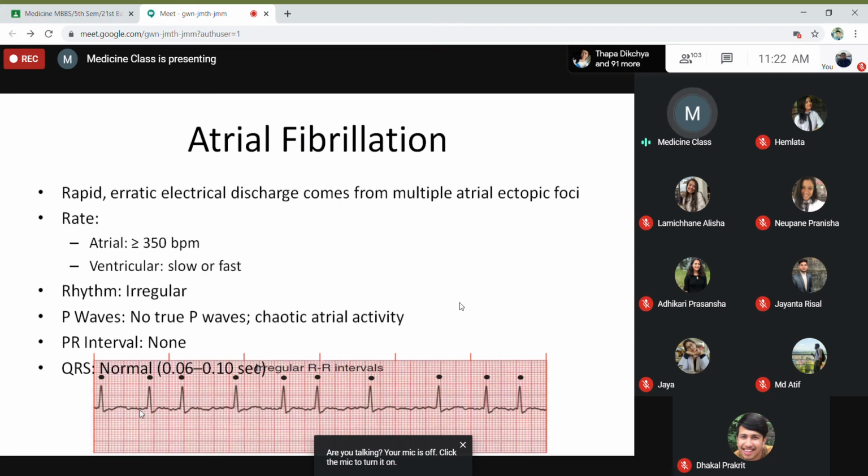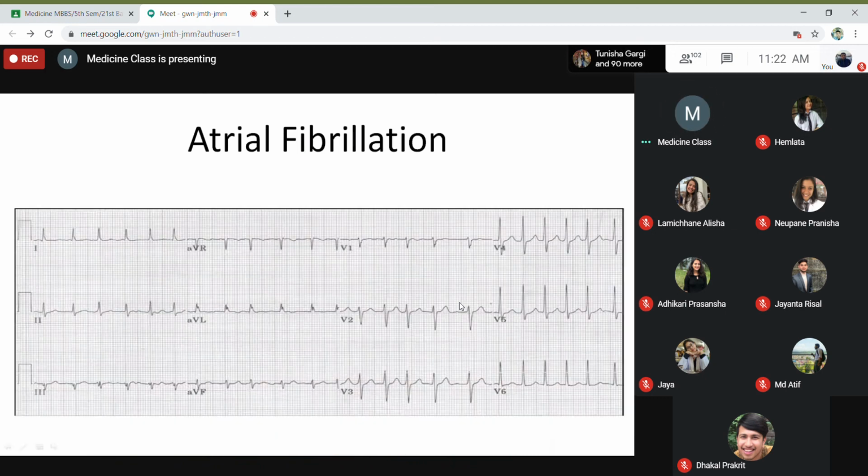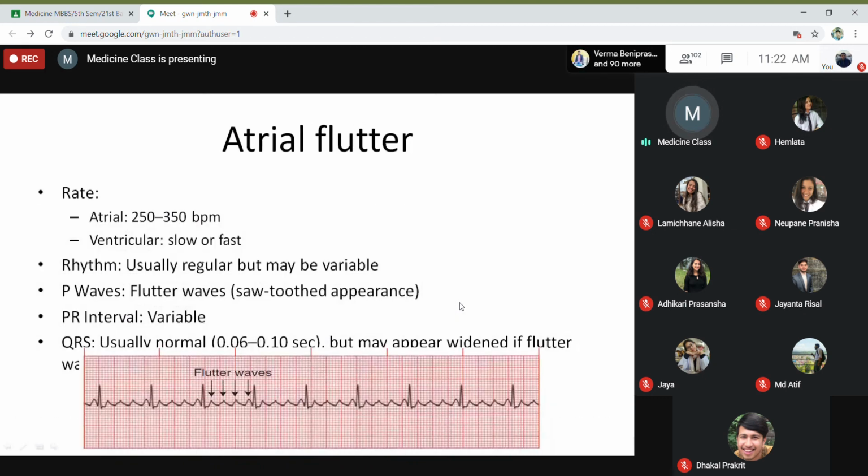So this is what it looks like. This is the fibrillatory wave that we call. This is irregular. Sometimes it's nearer and sometimes wider. So it's irregular, and QRS complex is normal. So this is atrial fibrillation. Okay, and in flutter, this would be replaced by a flutter wave.